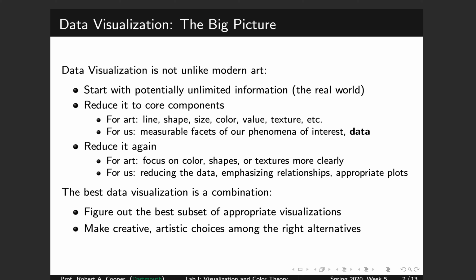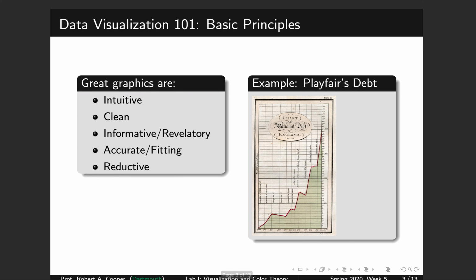You want to make the best of a subset of appropriate visualizations, and there are right alternatives. There's never one true right answer necessarily, but there is a subset of right answers and a subset of wrong answers when it comes to what choices you make for a visualization.